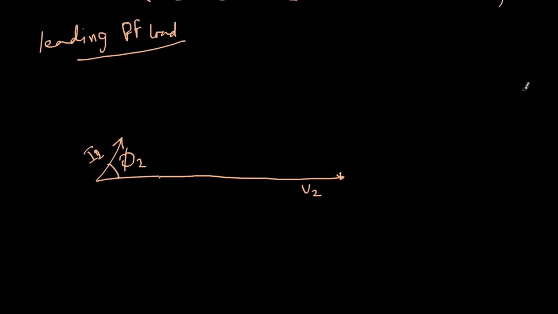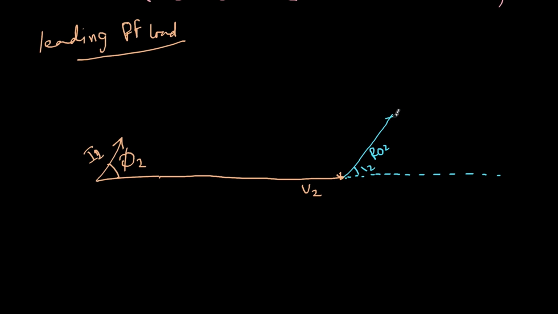So now I want to write I2 R naught 2. So that will be like this. So I2 R naught 2. And this angle, if I just extend this horizontally, so this angle will be phi 2, the same as this one.